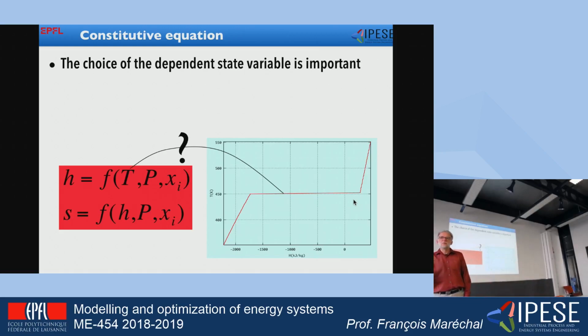So it means that sometimes we will have to choose values to represent the state which will not be the temperature and the pressure. In the case of the tool that you are going to use for the flowsheet, you will in fact use the enthalpy and the pressure as a reference, and not the temperature, because it's not always possible to calculate the enthalpy for a given temperature, but it is always possible to calculate the temperature if I give you the enthalpy.